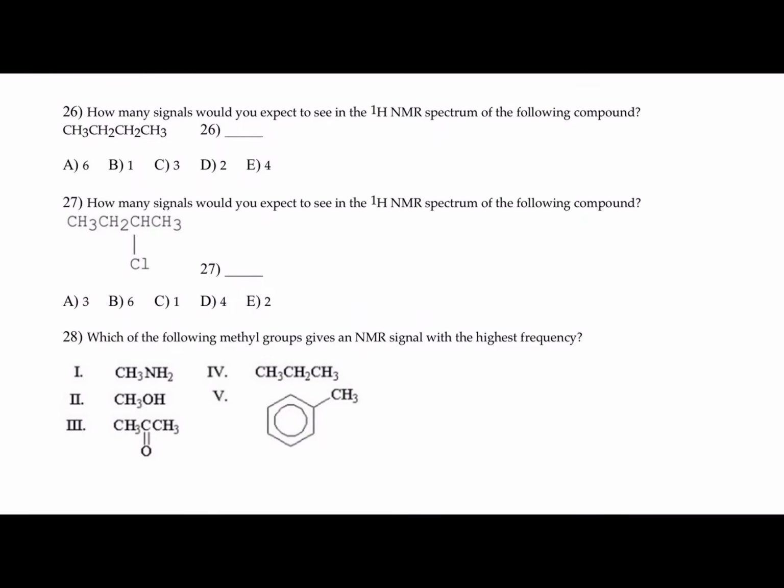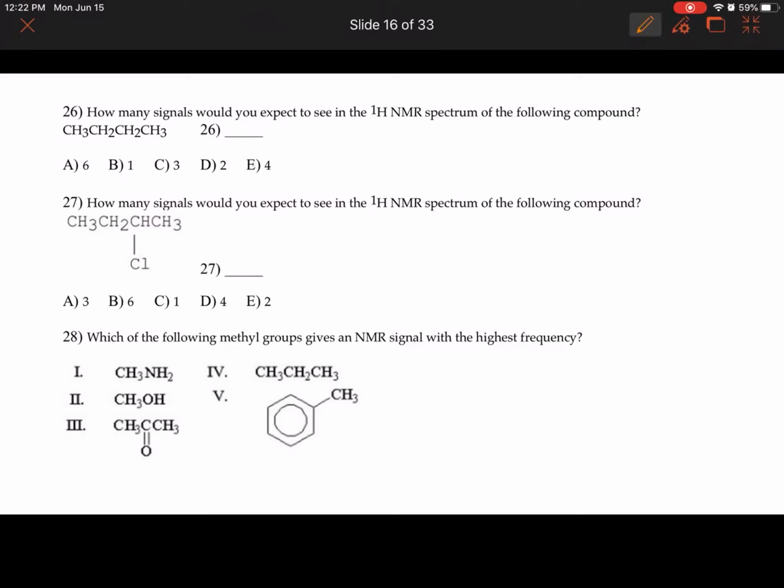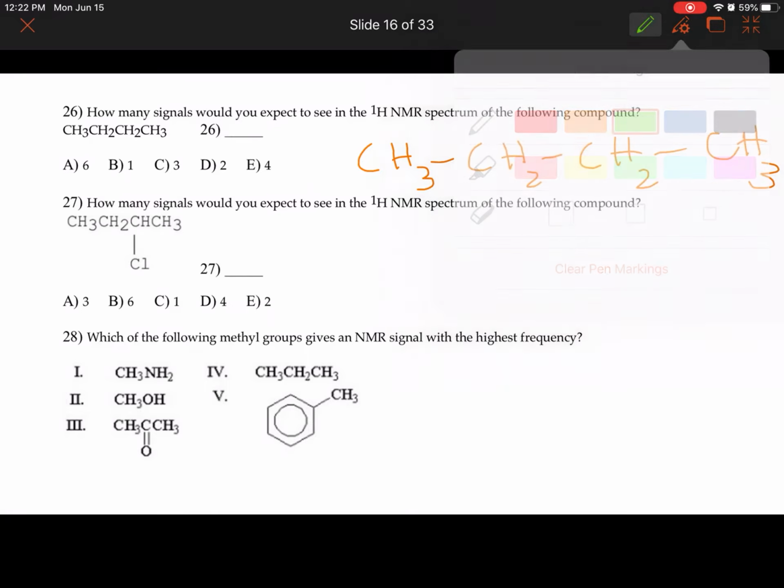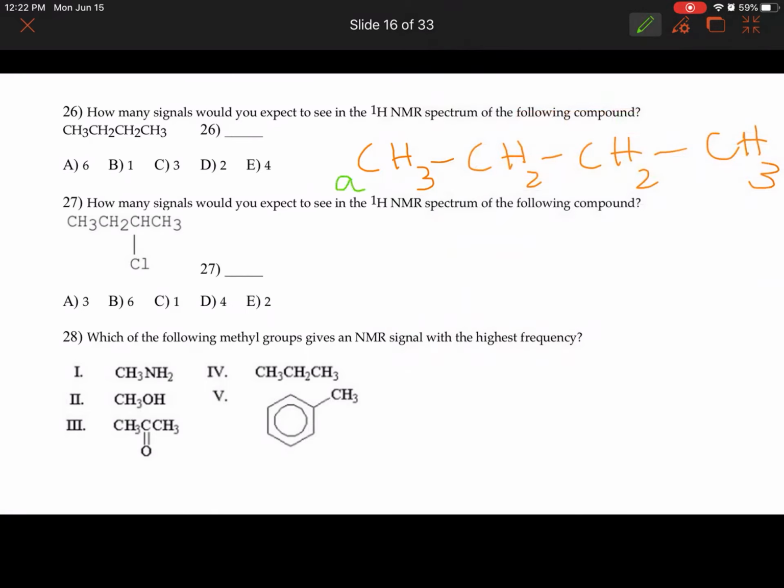How many signals would you expect to see in the proton NMR spectrum of the following compound? So this molecule, if you expand it, is CH3, CH2, CH2, CH3. So this is a symmetrical molecule, meaning if you divide the molecule in half, you will have 2 exact halves, right?